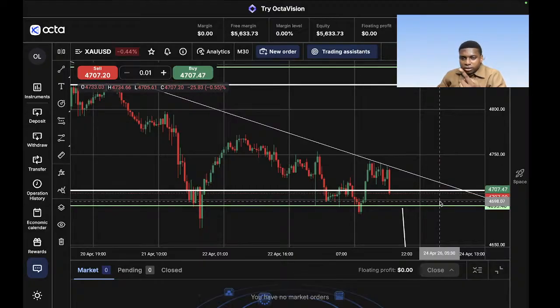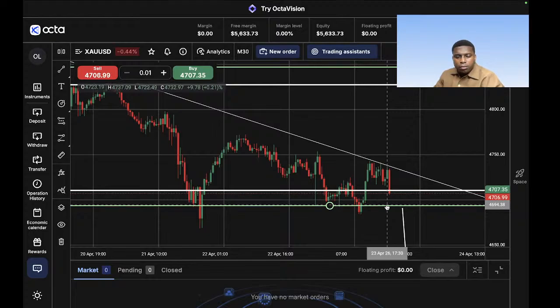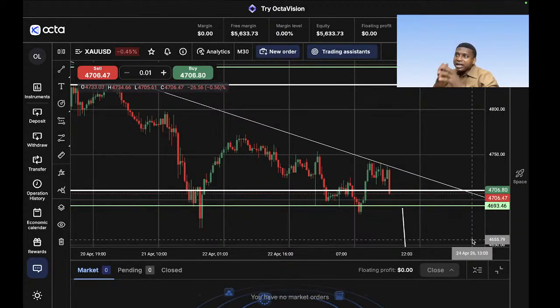So what I can do is set a sell order at 4693.46. When price gets to that level, it gives a confirmation that the probability that price will continue to drop after touching that level is much higher.